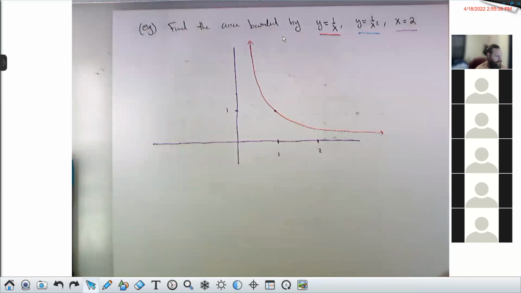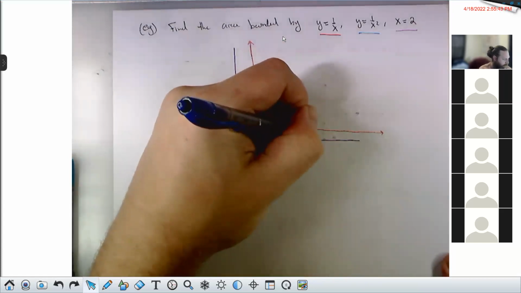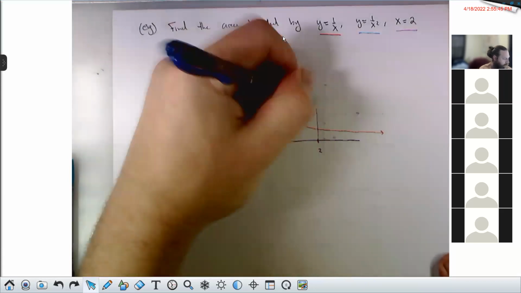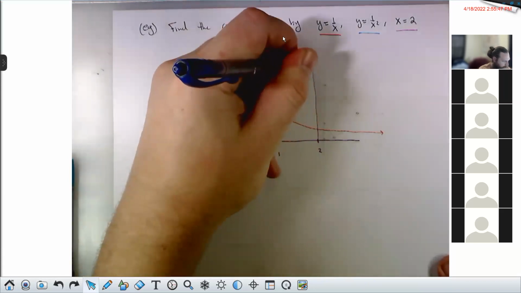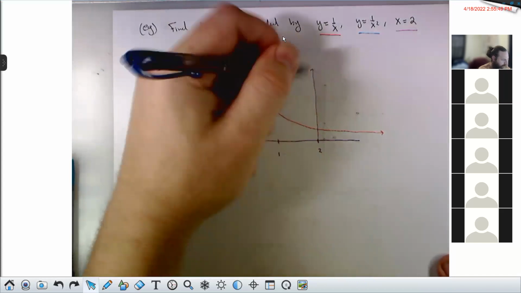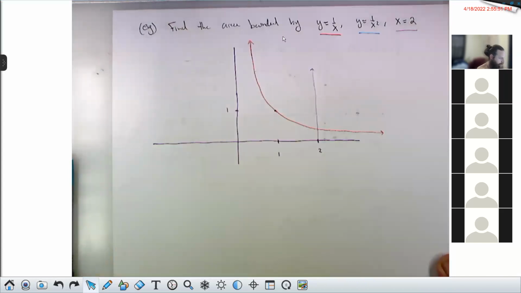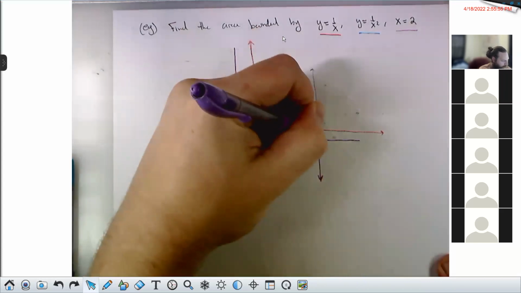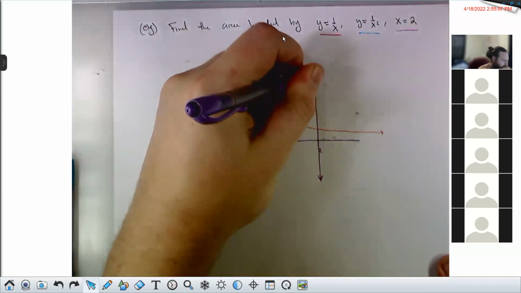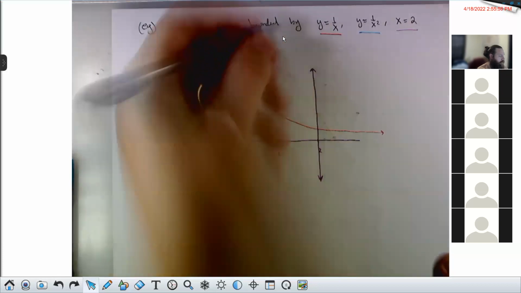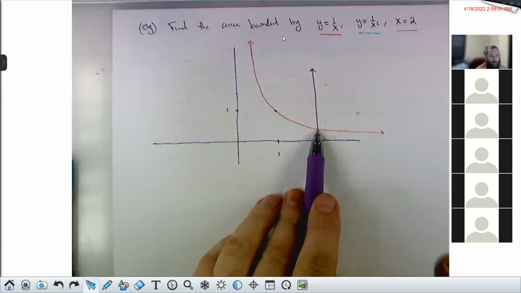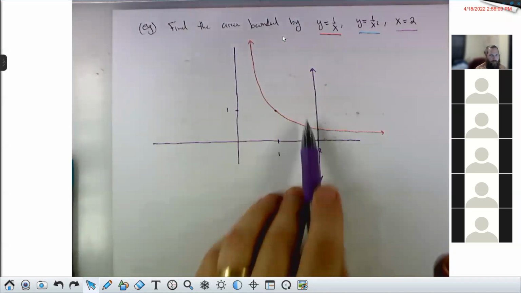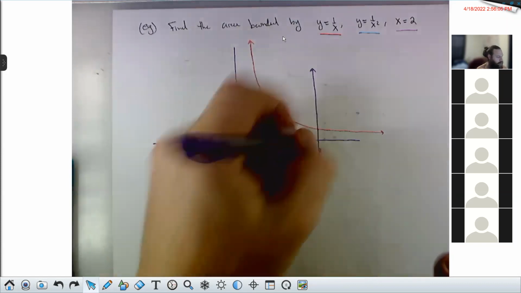Oh, that's not blue, that's purple. All right, we'll do purple. So x equals 2 is a vertical line. Let's do that one next, and then we can kind of use this as a guide. X equals 2 is a vertical line, and the intersection point with 1 over x, you just plug in 2 for x here, that's 2, 1/2.